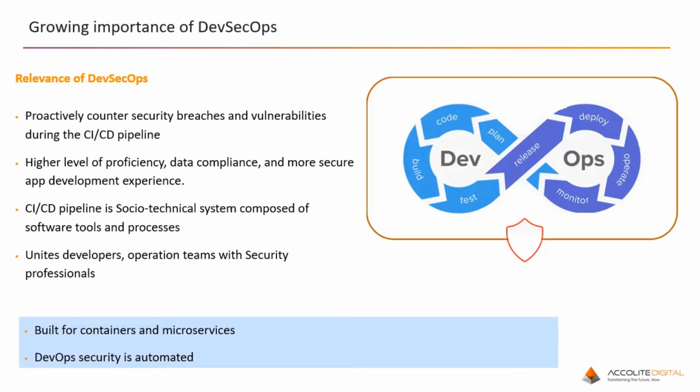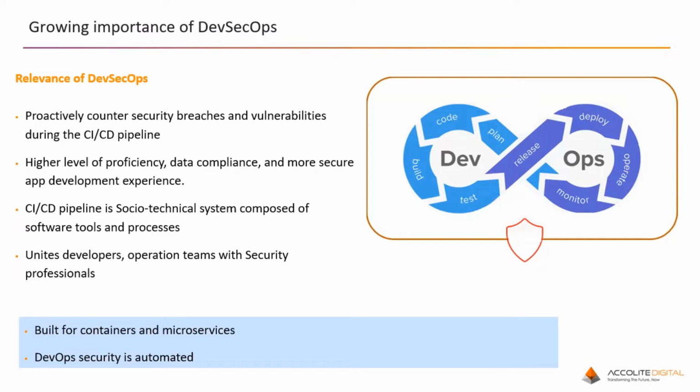DevSecOps security is built for containers and microservices. The greater scale and more dynamic infrastructure enabled by containers have changed the way many organizations do business nowadays. Because of this, DevOps security practices must adapt to the new landscape and align with container-specific security guidelines.